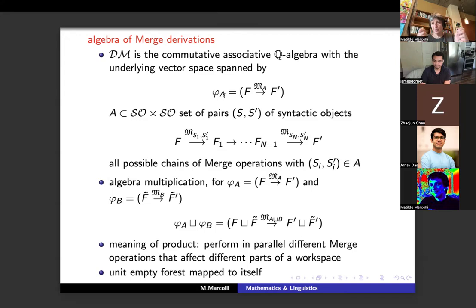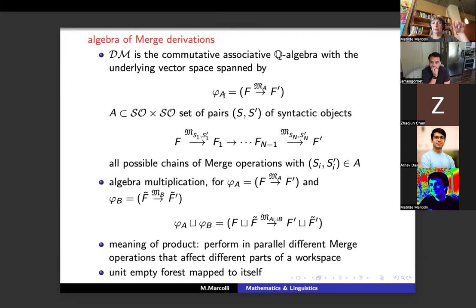It's a collection of operations that goes from F to F prime. So I'm looking at various possible ways that I can apply merge derivations to go from one structure to another. You can think of it this way, right? For example, if I'm forming my structure starting just from the separate leaves with the lexical items, I can start to form some structure here, and I can start to form some structure there. Then I can combine these two together. I can combine these other ones.